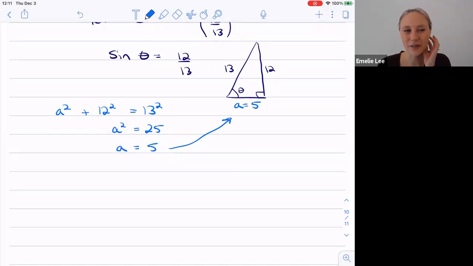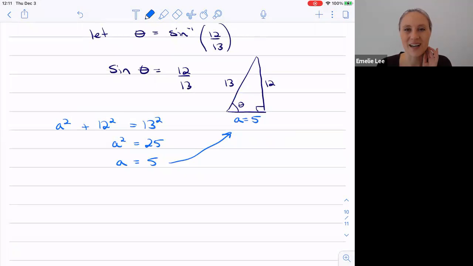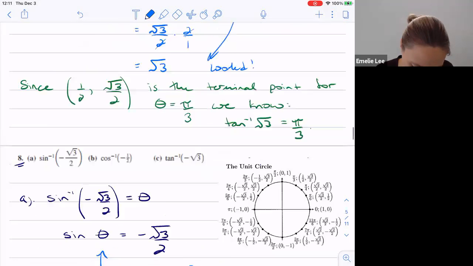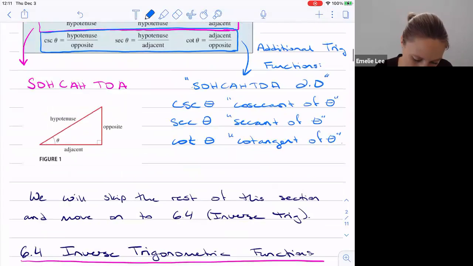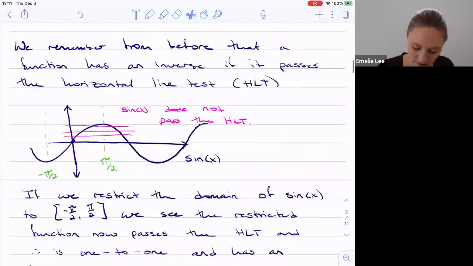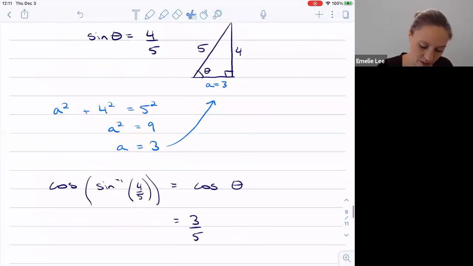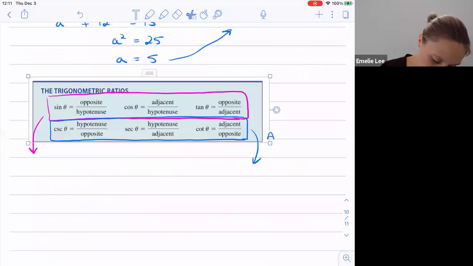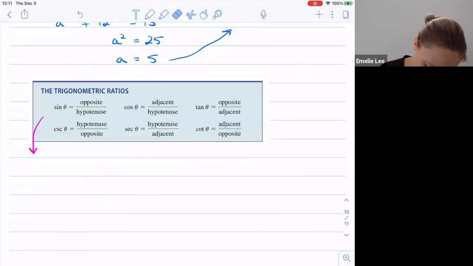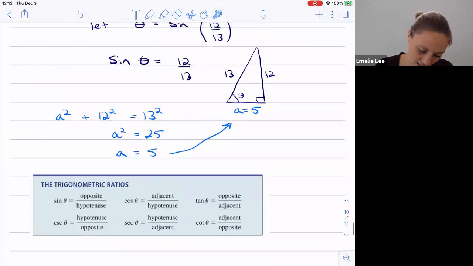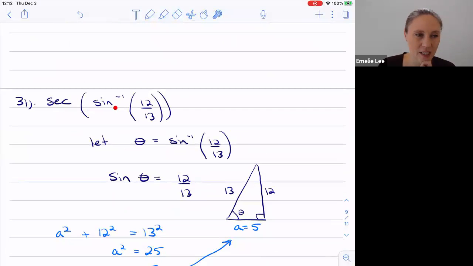And now from that SOHCAHTOA 2.0 that I gave you at the beginning, let's copy this in 6.2. So it's from your 6.2 handout. Now I want the secant of theta, right?